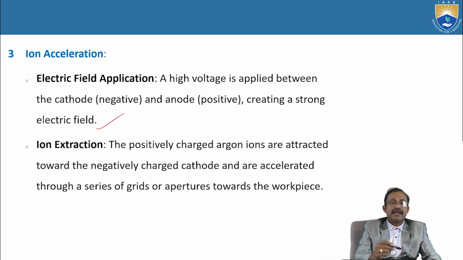And ion extraction: the positively charged argon ions are attracted toward the negatively charged cathode, that means from bottom to top, and are accelerated through a series of grids or apertures towards the workpiece.